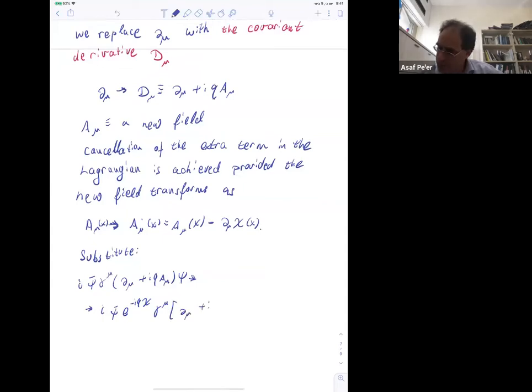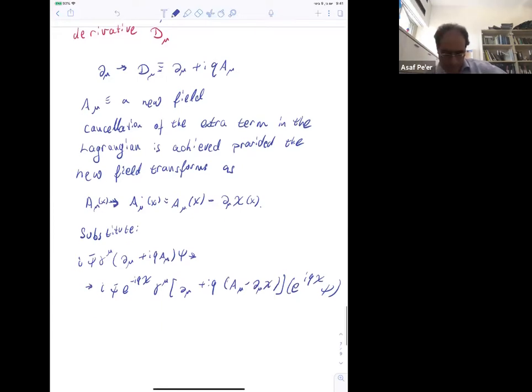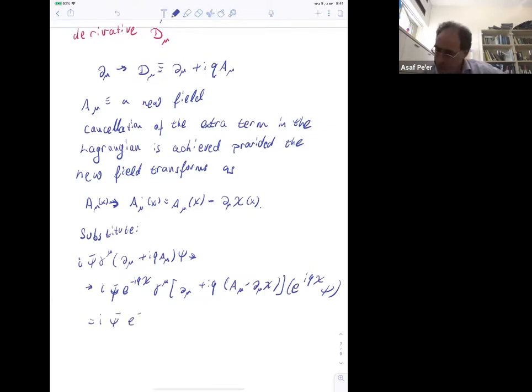Now A mu is going to be A mu minus d mu chi, e to the iQ chi psi. They switch the order, but it doesn't matter. Psi and e to the minus iQ chi would commute. So this is going to be i psi bar e to the minus iQ chi gamma mu.